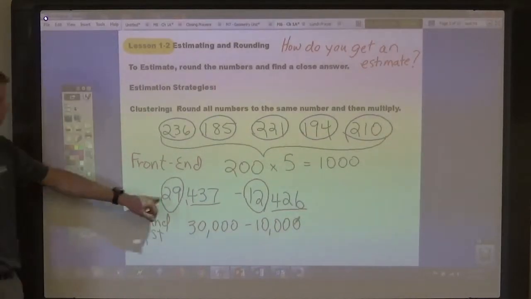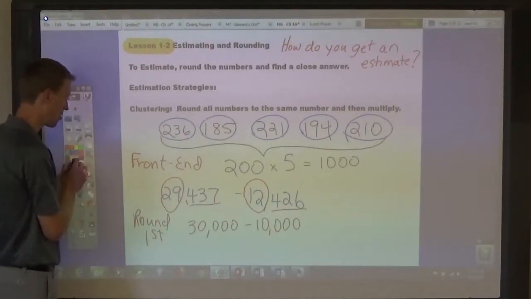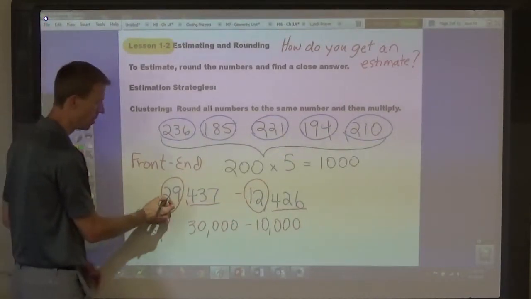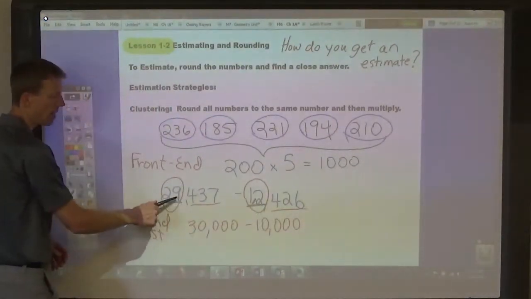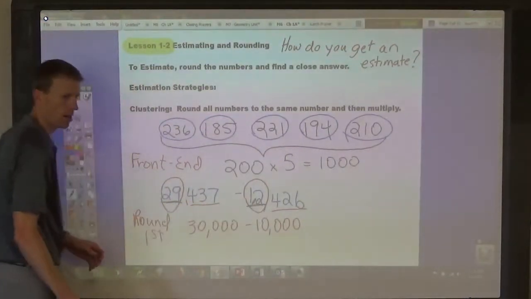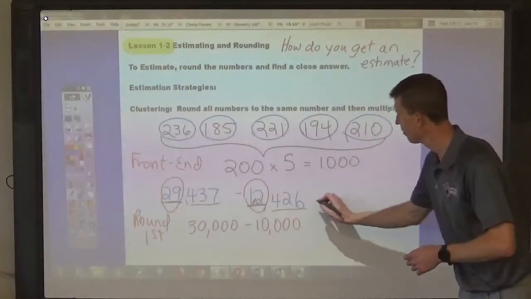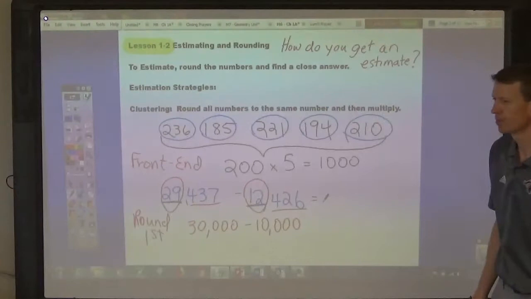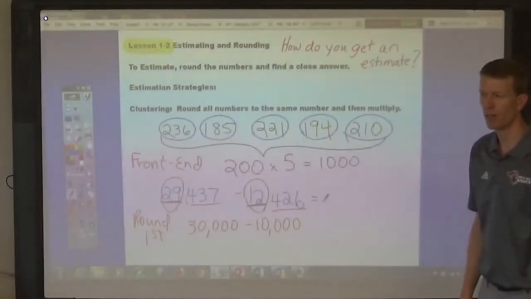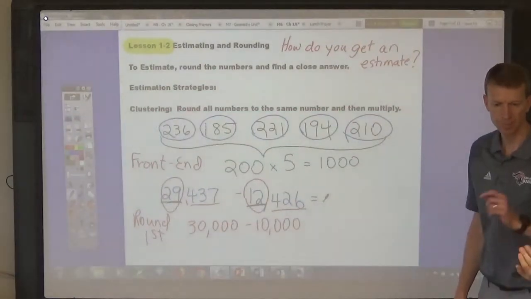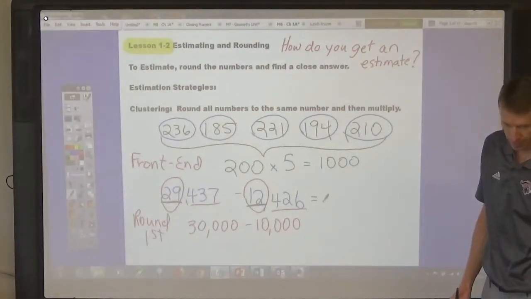Now, when you're estimating, you have to write the answer. I should have actually given you that. Let's go back and do this one: 29,000 minus 12,000. What's 29,000 minus 12,000? 29 minus 12.